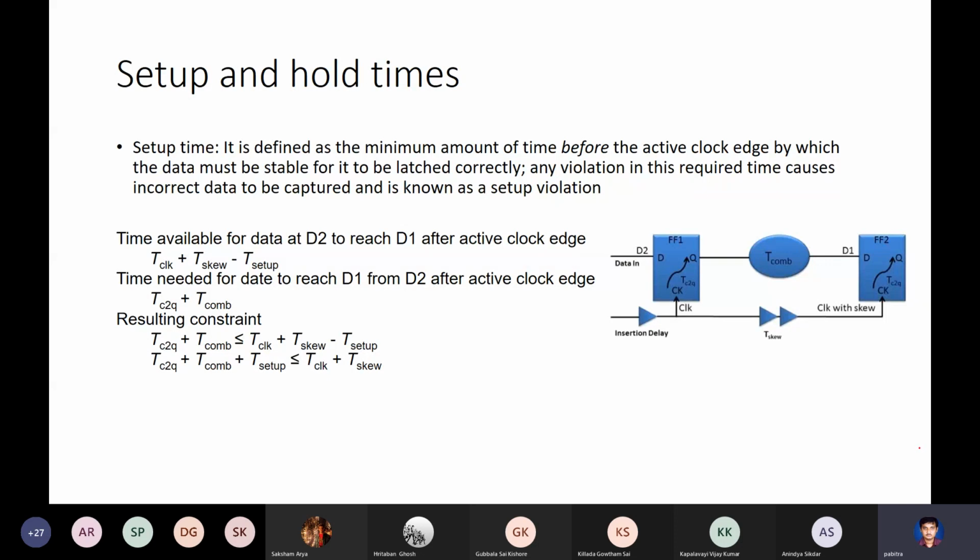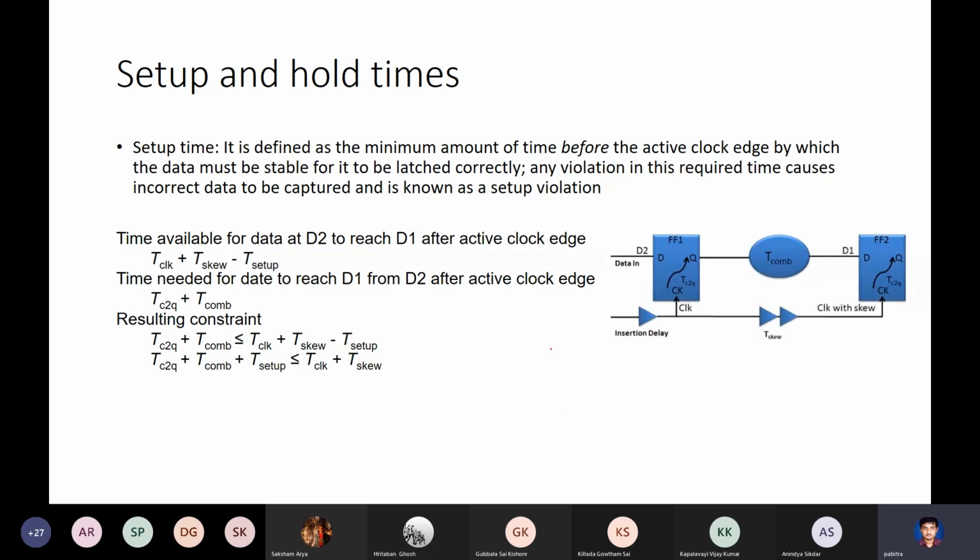Sorry, there is no feedback here. There are two latches. D1, the time required from D1 to D2 after an active clock cycle is T C2Q. This delay in the latch from clock to Q, together with the setup time, gives a constraint.